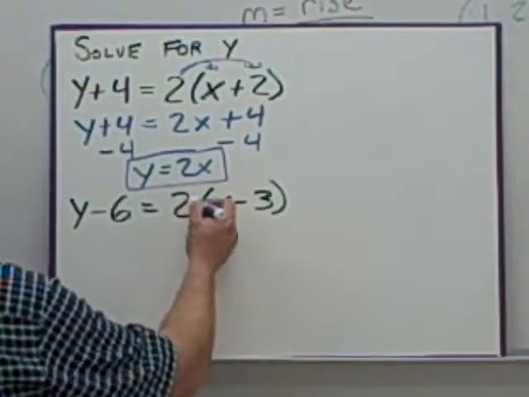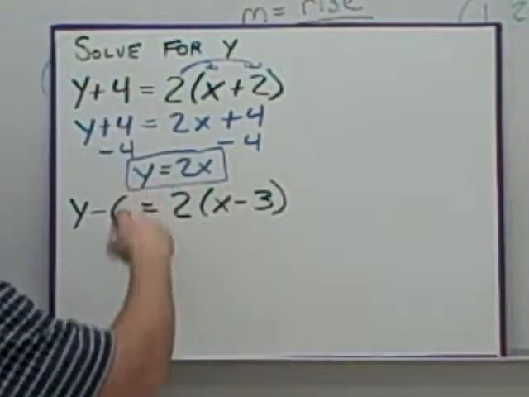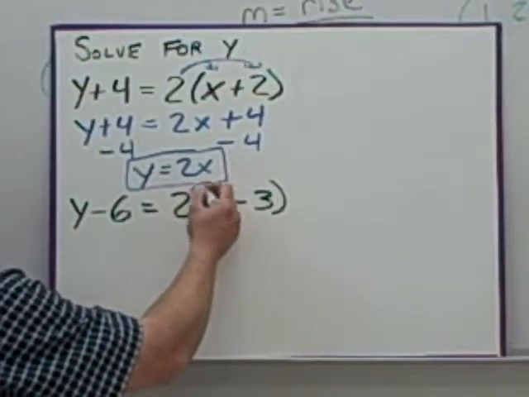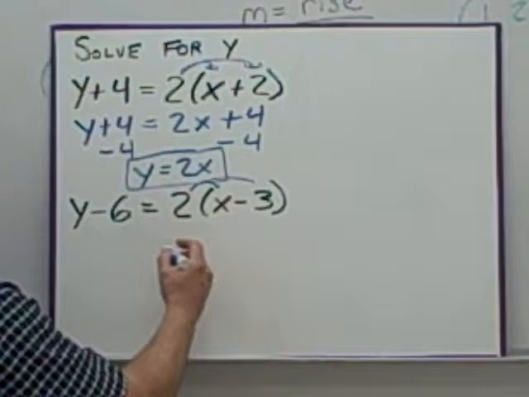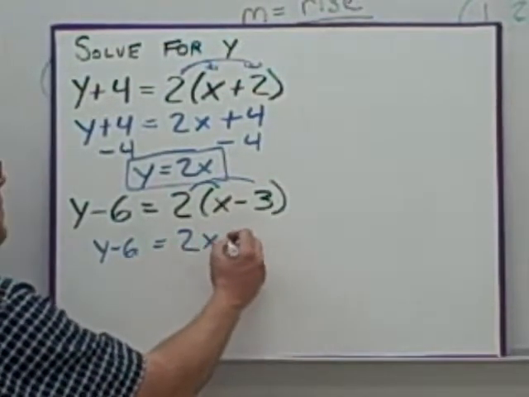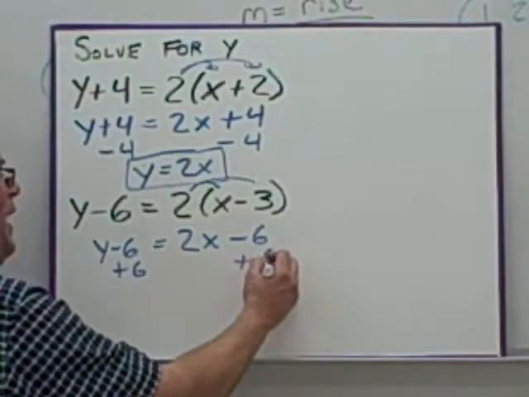Let's do the same thing here. Remember, these were the answers to that last problem, and we said that either one should work, so they should work out to be the same. When we use the distributive property to get rid of the parentheses, we end up with y minus 6 is equal to 2x minus 6. Add 6 to both sides.